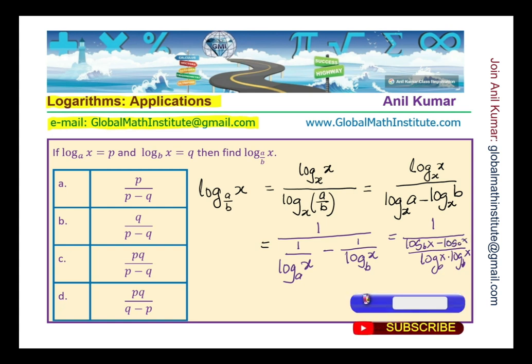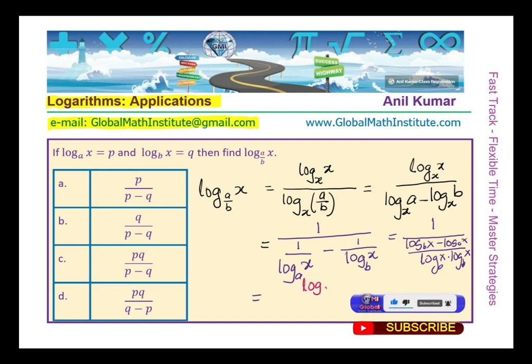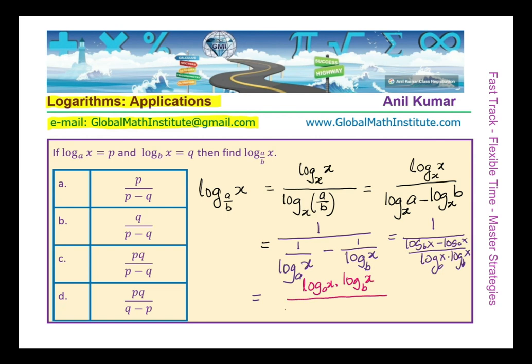And now you can flip and rewrite this. So we get in the numerator log to the base a of x times log to the base b of x over the difference. But the difference is log to the base b of x minus log to the base a of x, correct? We are given the values.